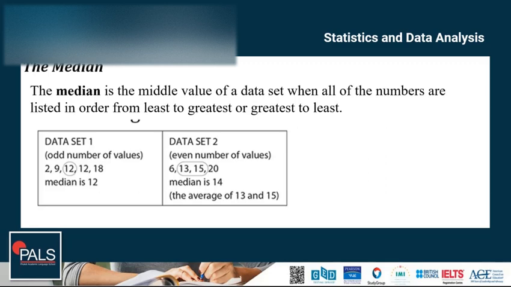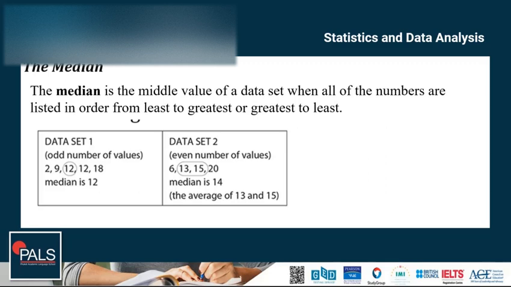Data set 2 shows an even number of values because there are 4, 6, 13, 15, and 20. Arranging them in order, the two middle values are 13 and 15. Then add 13 and 15 and divide by 2. The median is 14, which is the average of 13 and 15.